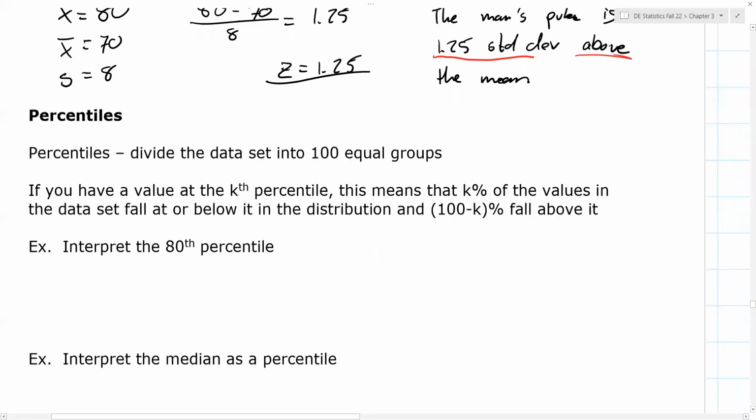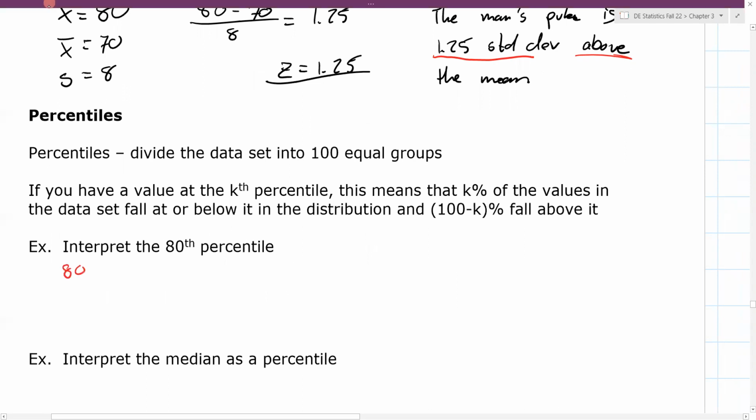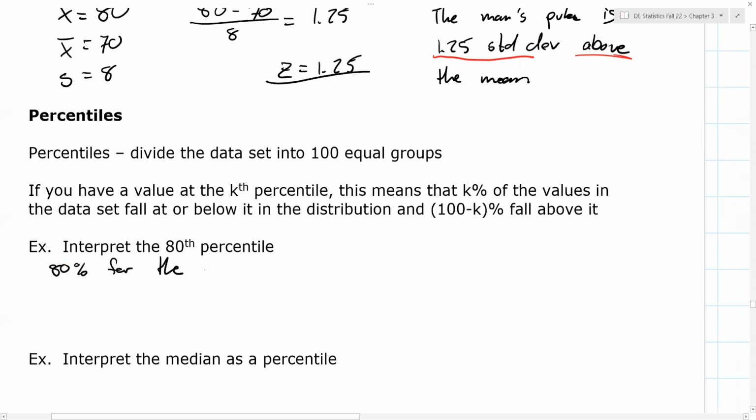So when we talk about interpreting the 80th percentile, that means 80% of the people that took the test, I guess we don't know if it's a test, 80% of the data values fall at or below.